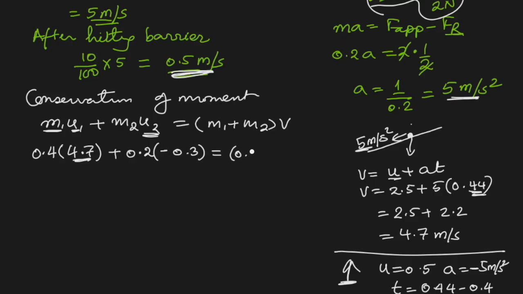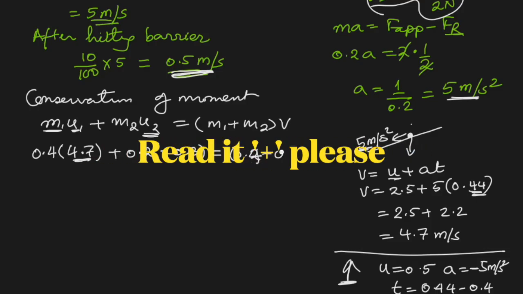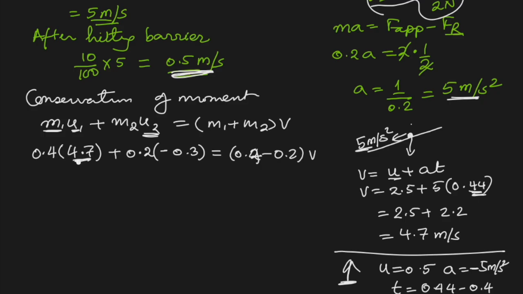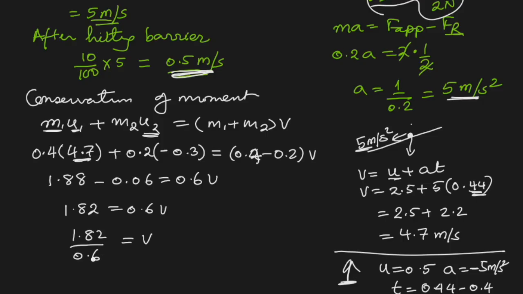So 1.88 minus 0.06 equals 0.6 V. 1.82 equals 0.6 V, and V comes out to be 1.82 divided by 0.6, which is almost 3.03 meters per second. This is the speed with which they are moving.